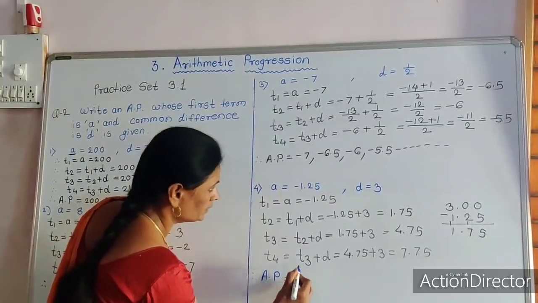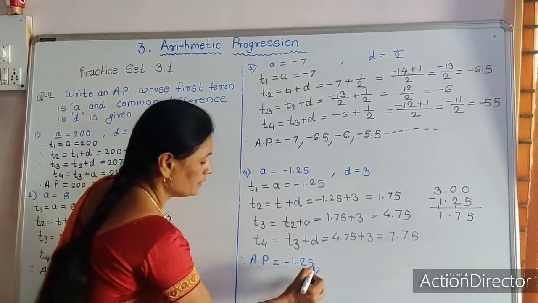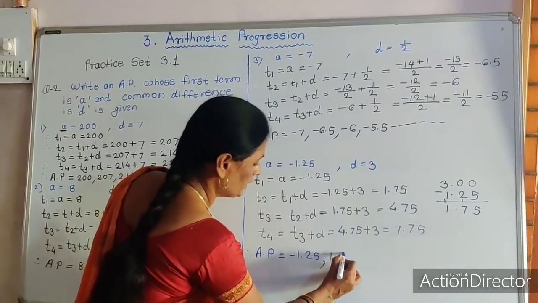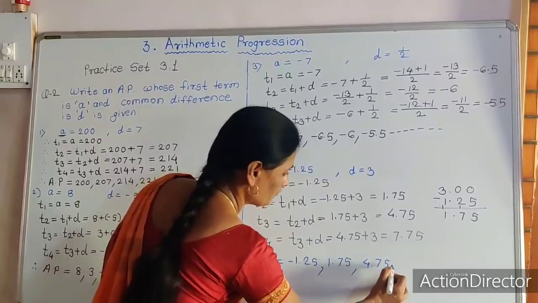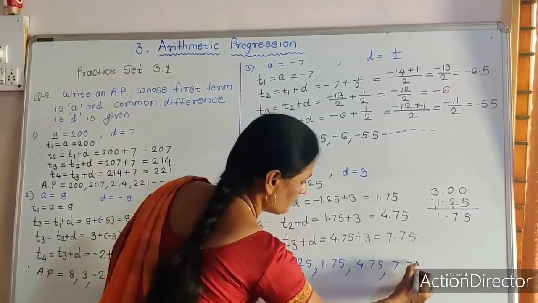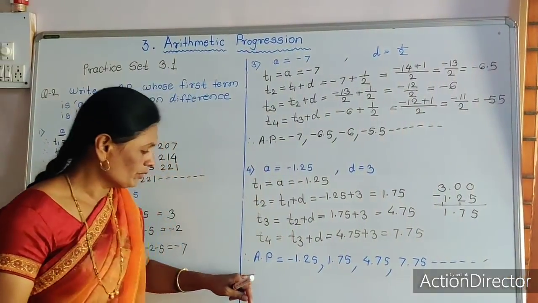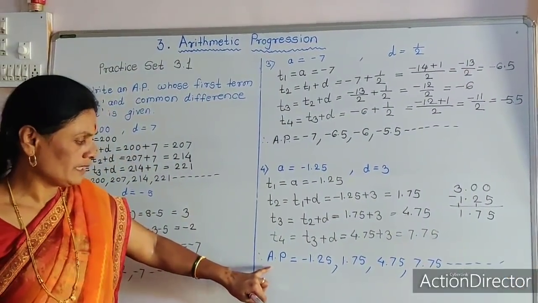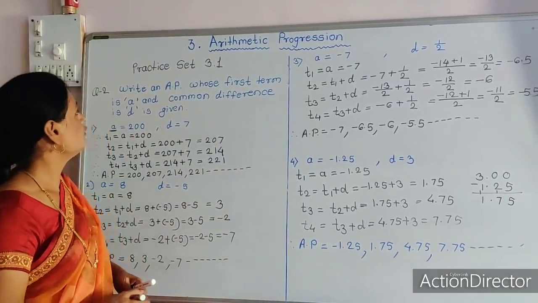Therefore AP is equal to T1 minus 1.25, T2 1.75, T3 4.75, T4 7.75 and so on, and therefore this is an AP. Here we write the AP. This is our answer.